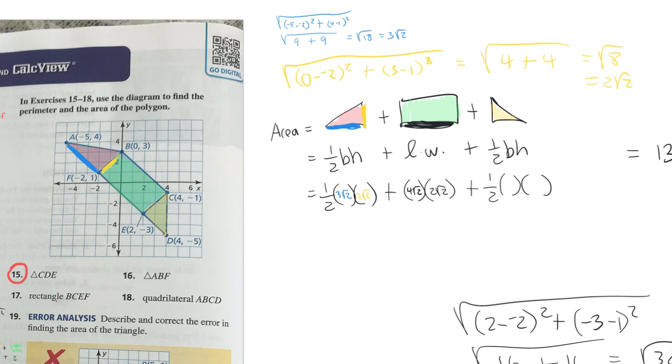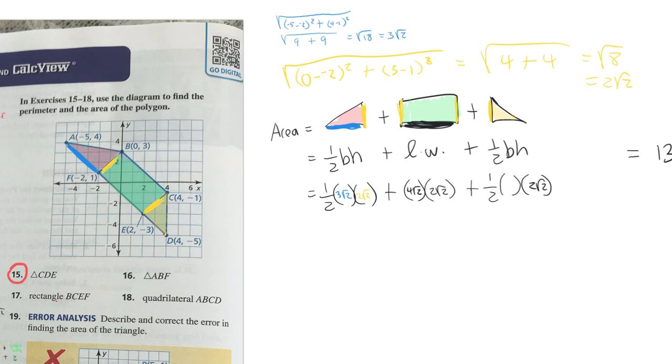The height is this part right here, which is the same across the board for all of these. So this height is 2 radical 2. So I'll just write that in there. It is the case, however, that we have to go on a mission to find this base. Although it certainly looks like it's probably 2 radical 2.